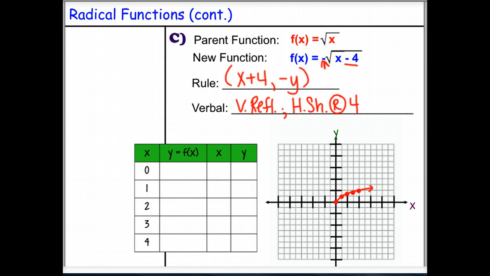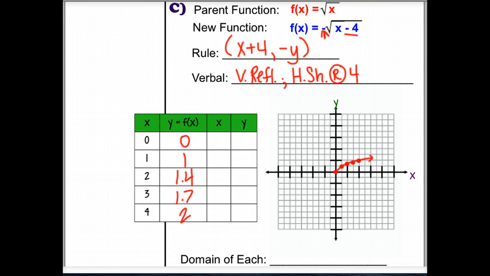So I have my 0, 1, 1.4, 1.7, and 2. And so my new x's are going to go up 4. So I have 4, 5, 6, 7, 8. And my y's are going to go negative, which means 0, -1, -1.4, -1.7, and -2.